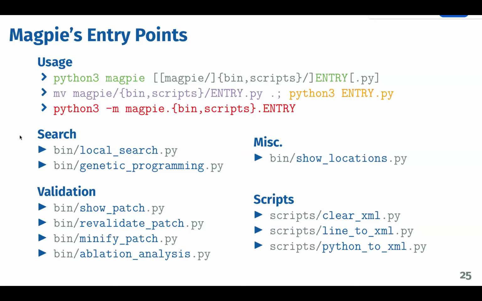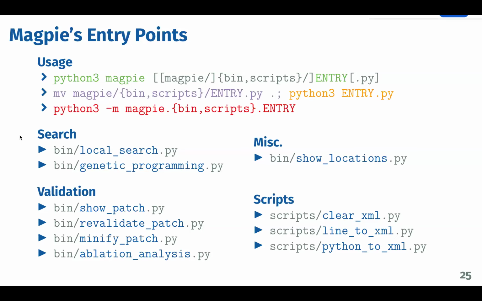Because the native way to do that in Python is to use the module argument in Python. So it should be Python 3 -m magpie.bin.local_search without the .py and with slashes replaced with dots. I don't like it.